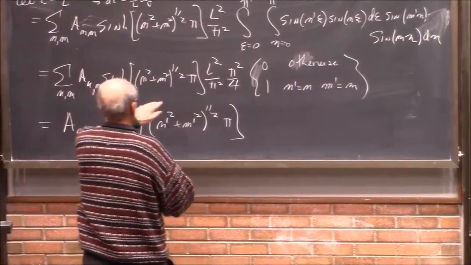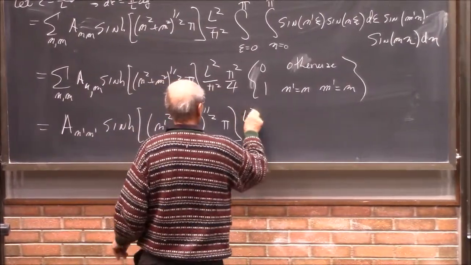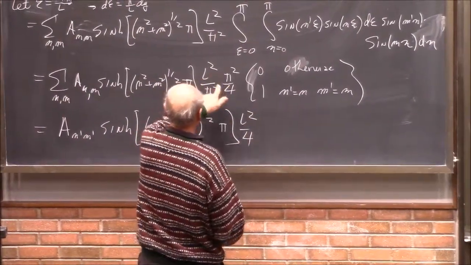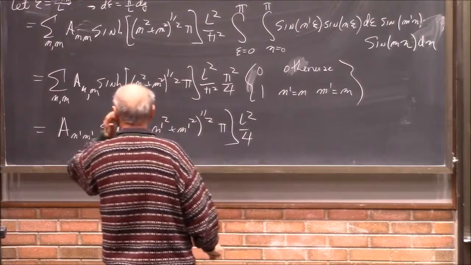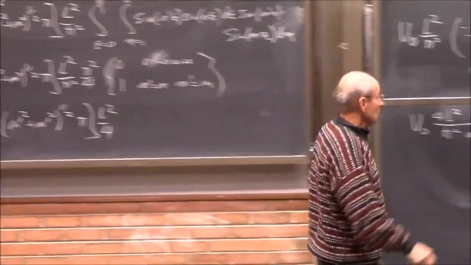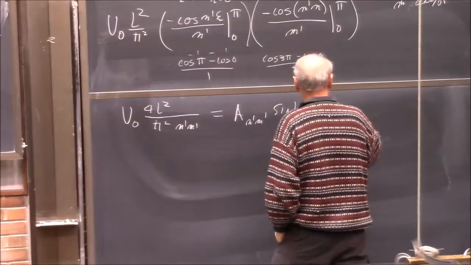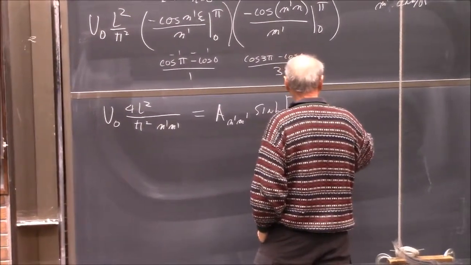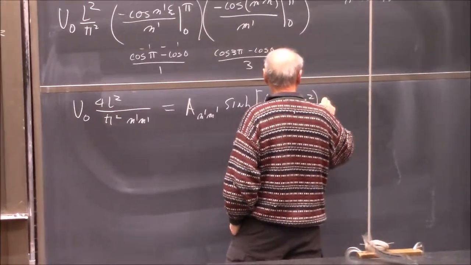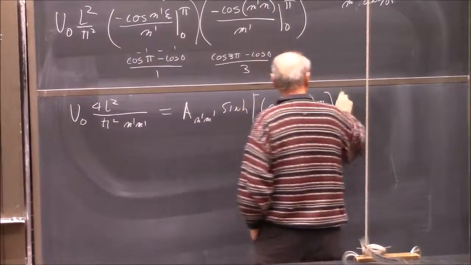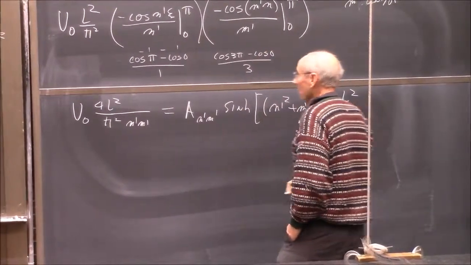I've missed an L squared over 4 here because the pi squared cancels, but I had L squared over 4. Sinh of the square root of n prime squared plus m prime squared, pi times L squared divided by 4.